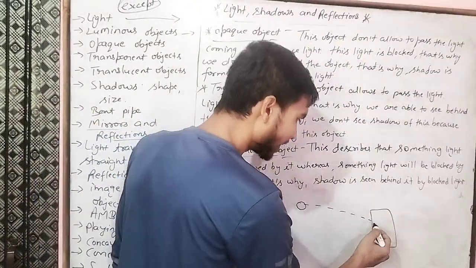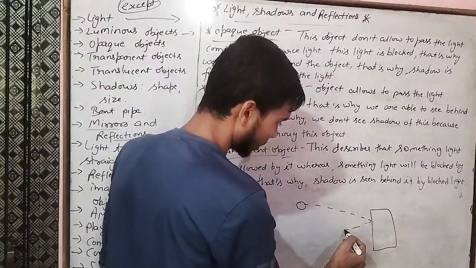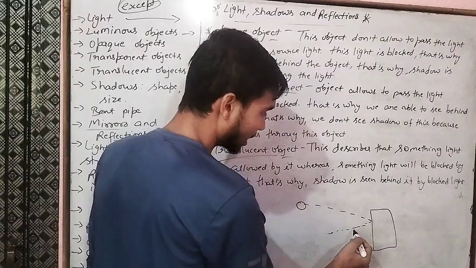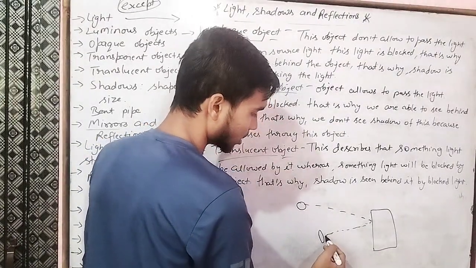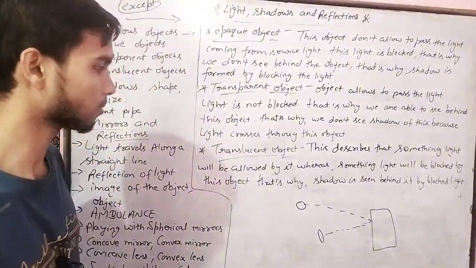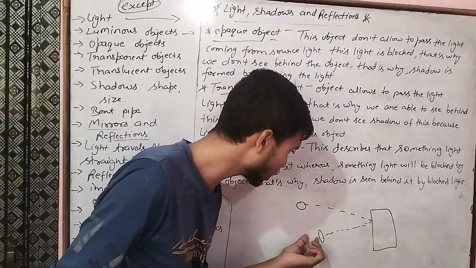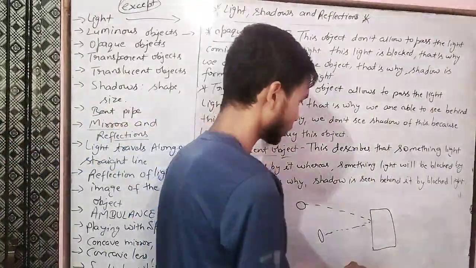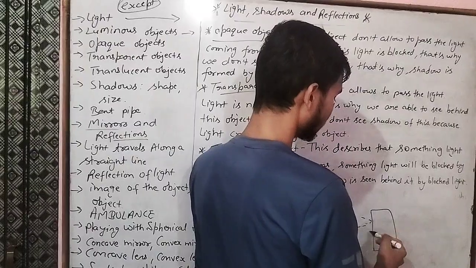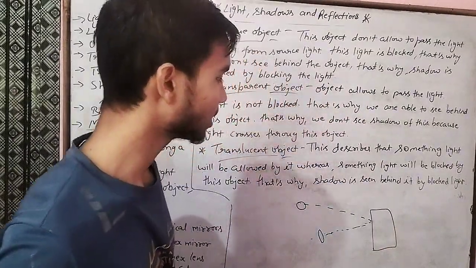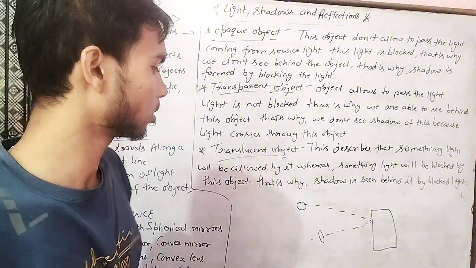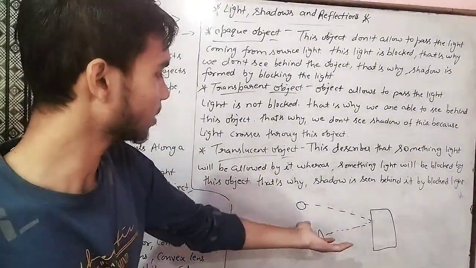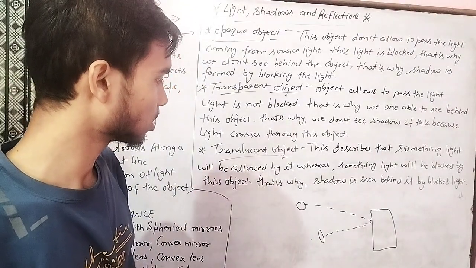Then it gets reflected, and this light enters into our eyes. That's why we see our image inside the plane mirror. Clear?